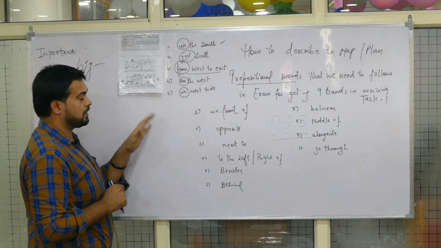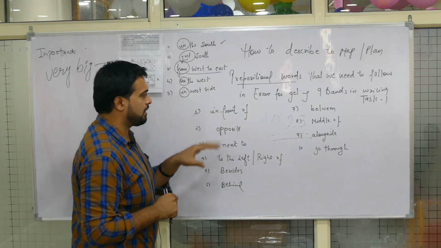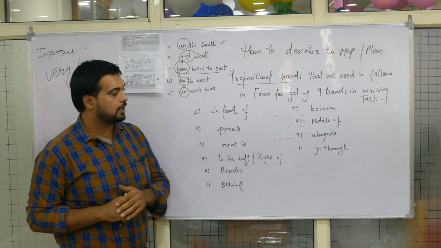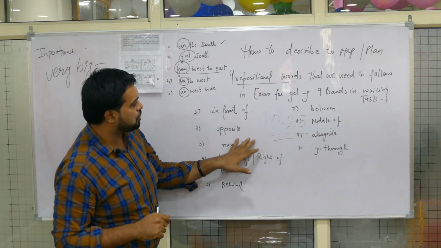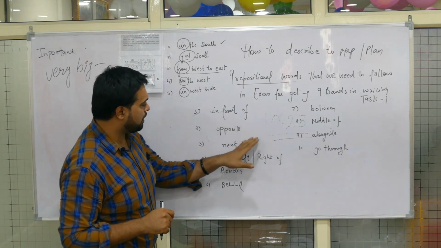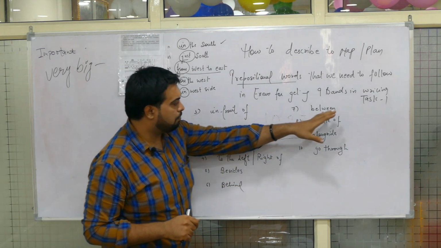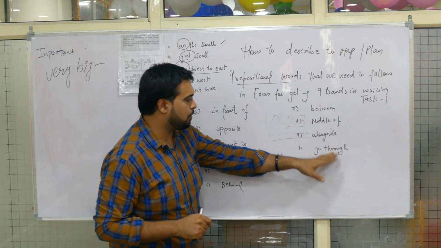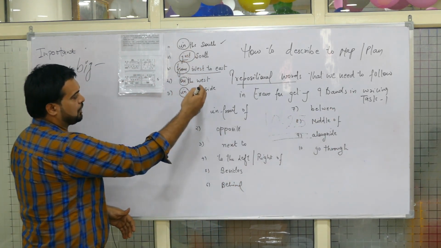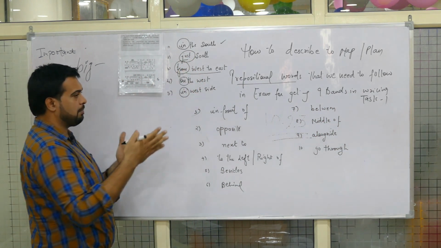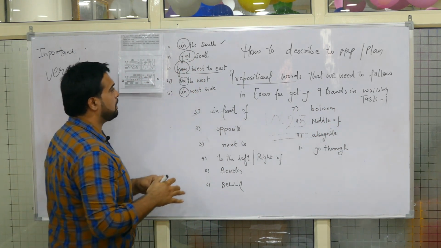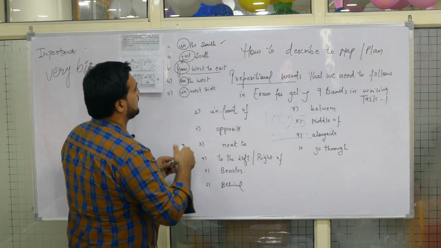You should first be aware of all the points we have just mentioned here. These are the prepositional words: in front of, opposite, next to, left or right, beside, behind, between, middle, alongside, and go through. And these are the directions, for example north to east, south to east, and so on.